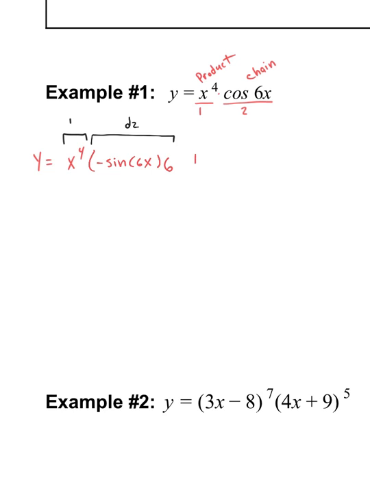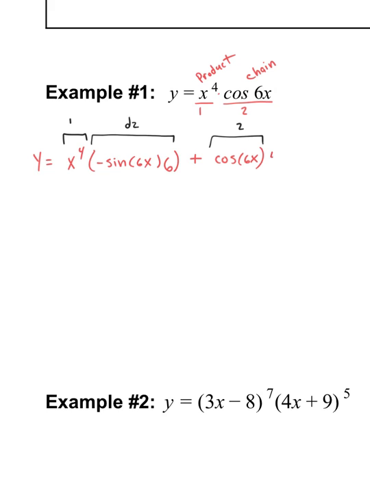There is always a plus sign in the middle of our product rule. Now we come back with the second function as is, the cosine of 6x. So that is the second function as is, and now we multiply it by the derivative of the first, and that is a power rule.